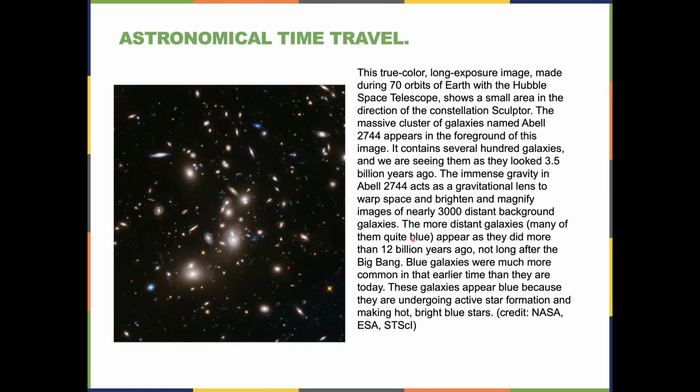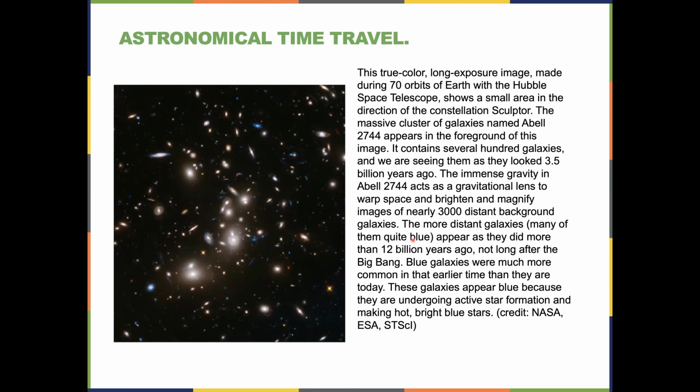When you have new stars forming, their temperature is higher, which means the galaxy looks blue in color, right? So that is one reason for this color. And most of these galaxies are around 12 billion light years away from us, right?